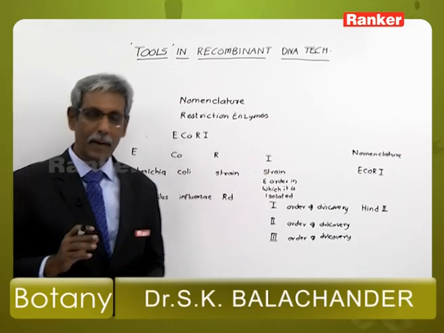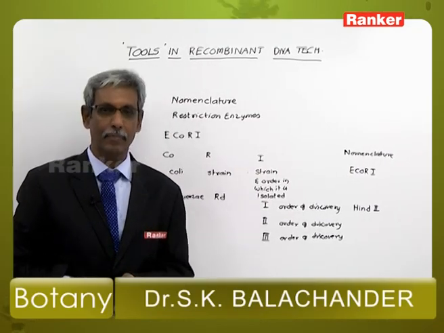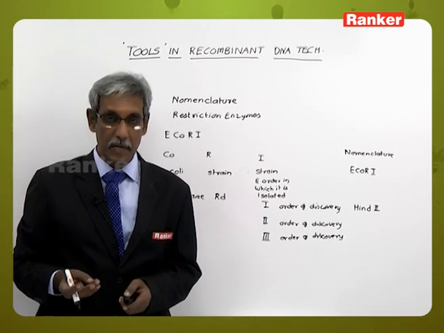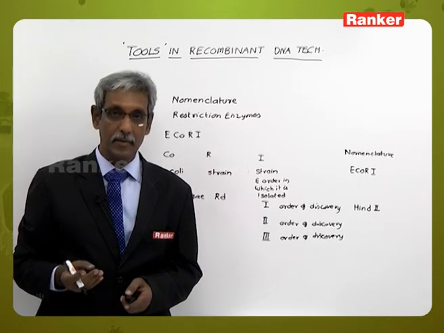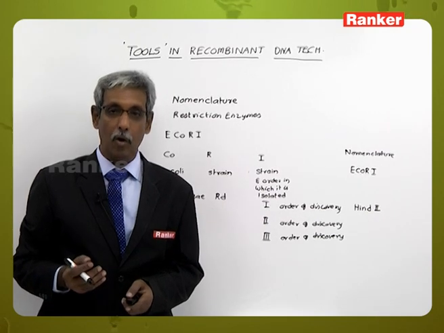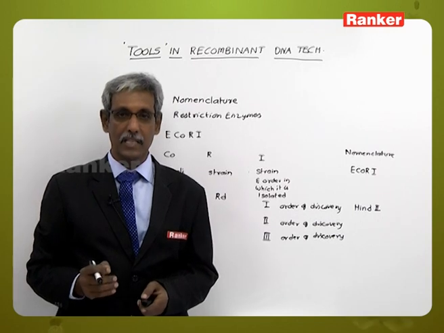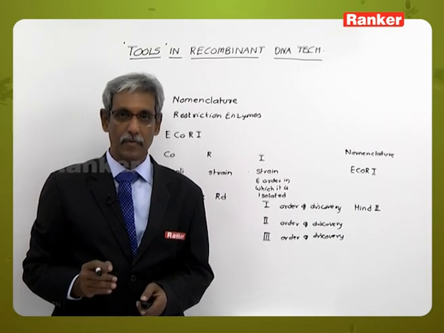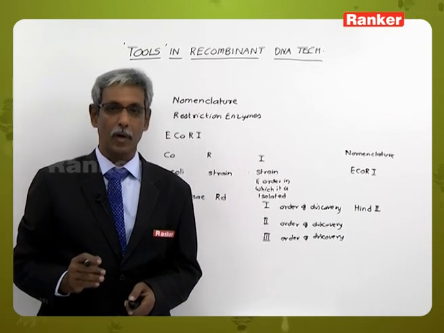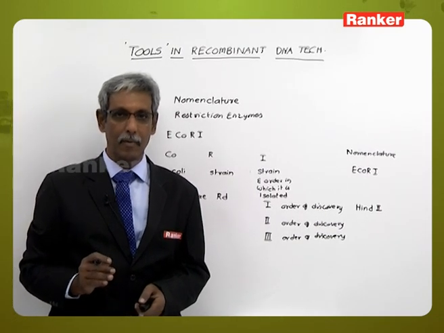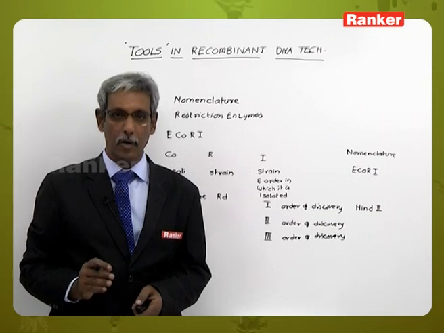Thereby, in the nomenclature of a restriction enzyme, we have the name of the genus, the species, the strain, and the order of discovery, as exemplified in EcoRI and HindII. EcoRI is always discovered from Escherichia coli, and HindII has been discovered from Haemophilus influenzae of strain d.